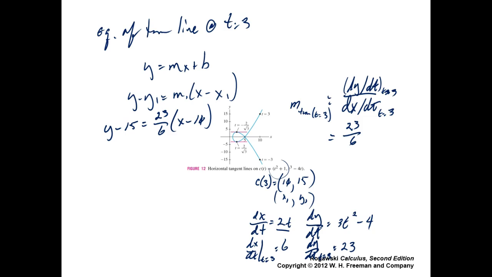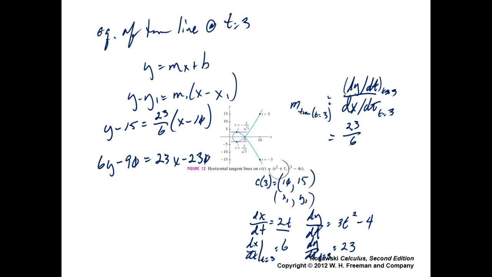I'll probably regret this, but I think I'll do it this way. Multiply both sides by 6, right? And this gives us 6y minus 90, 6 times 15, yeah, I'm pretty sure that's 90, is equal to 23x minus 230, right?